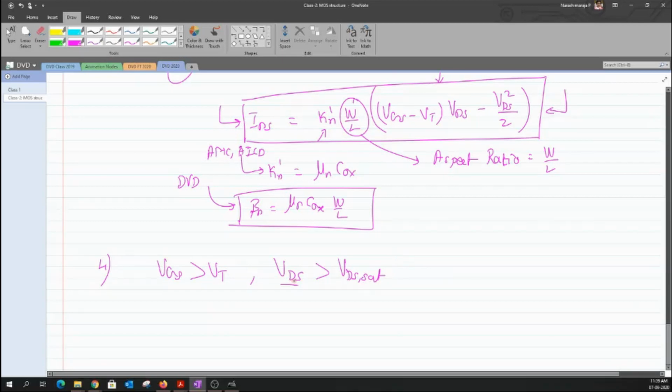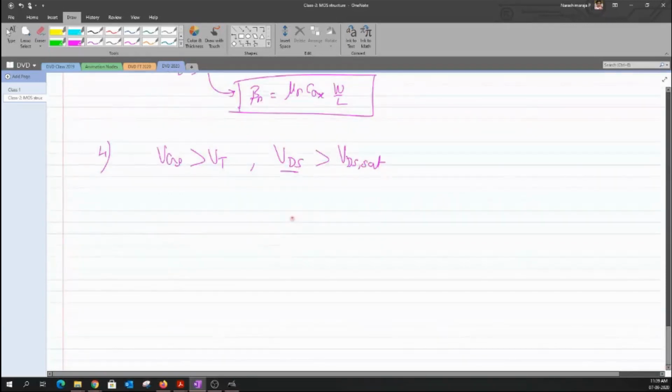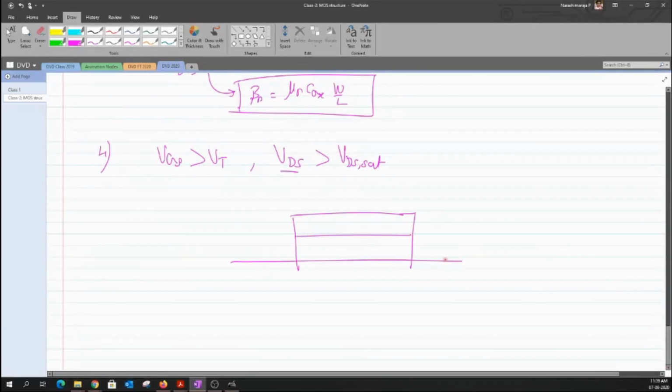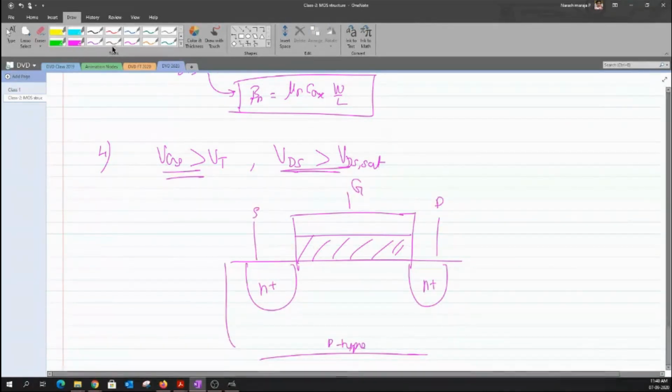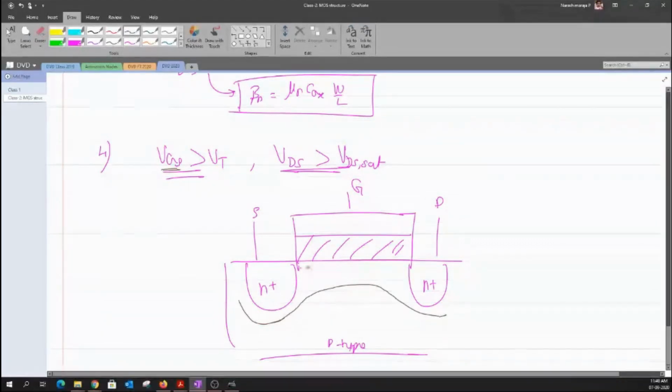Because we have this condition, what generally happens to our channel is what I just want to depict here. We already know that there exists a depletion region around this particular zone, and because we have a value of VGS greater than VT, we also know that we have some electrons filling this channel. But as I increase the value of VDS beyond VDS sat, the potential difference between the gate and the drain becomes smaller and smaller.